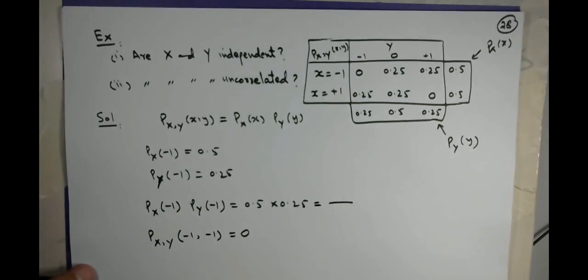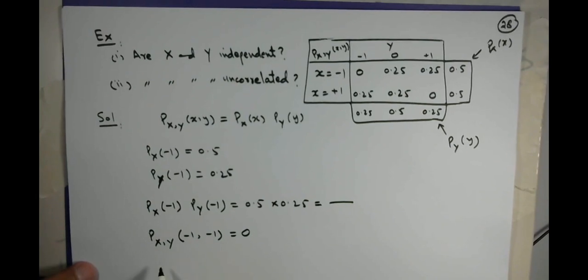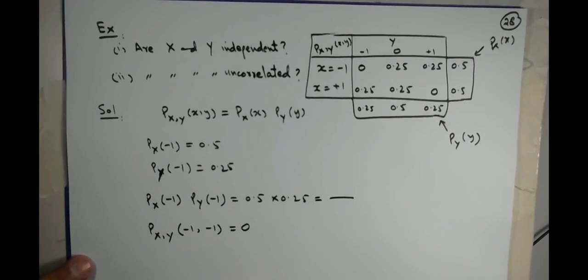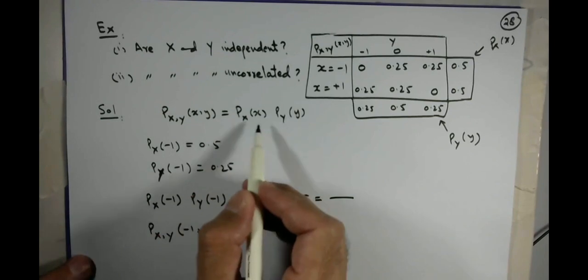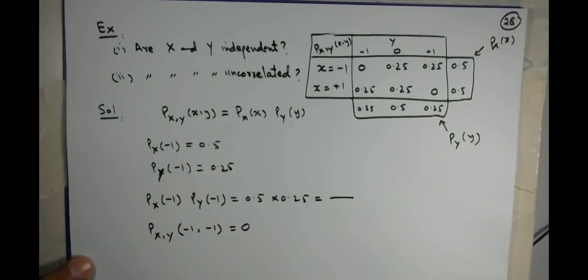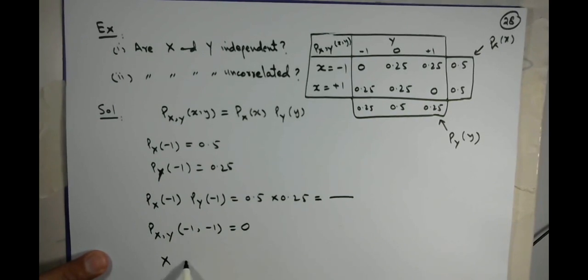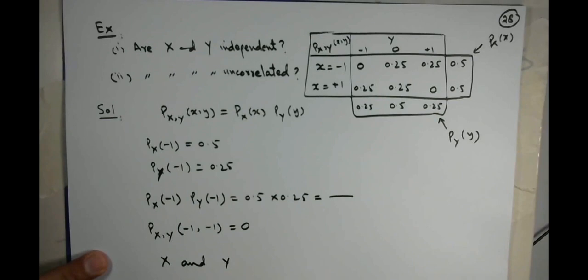So even on the first check, we have found that x and y are not independent because this formula doesn't hold. So we write, don't need to check the other possibilities, simply write that x and y are not independent.